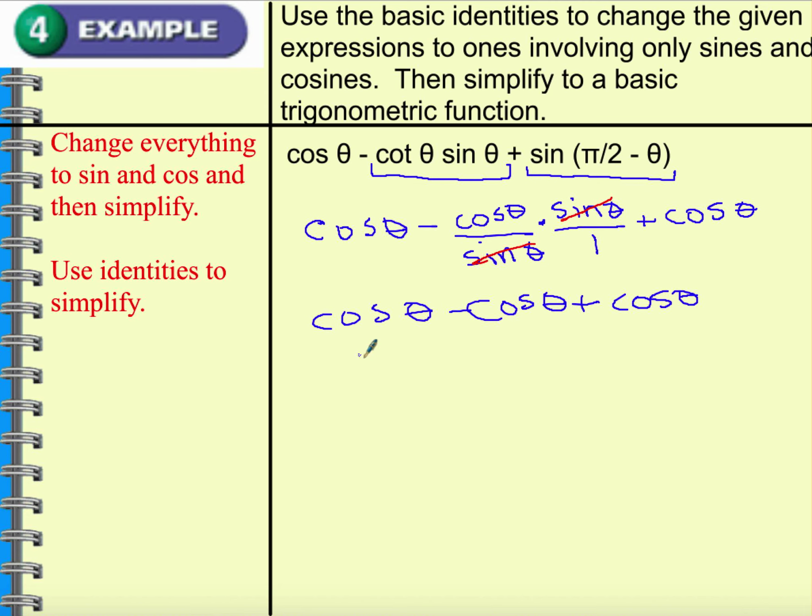And just like any regular math problem, cosine minus cosine is 0, and 0 plus cosine is cosine. So this whole expression simplified down to just a plain old cosine. And we're done.